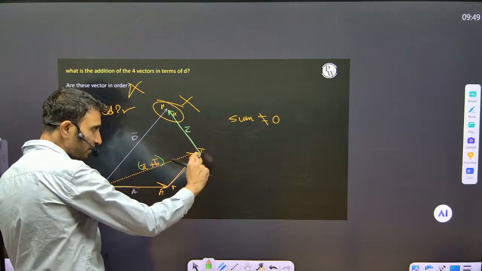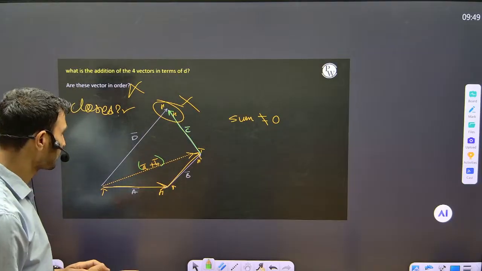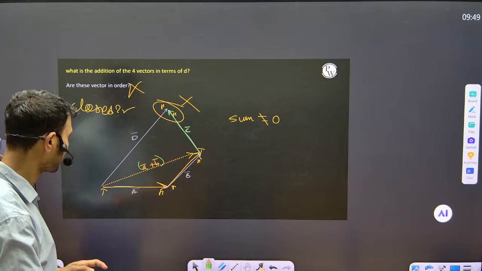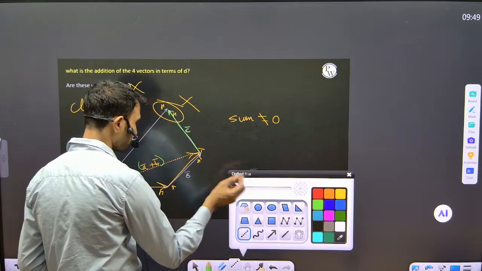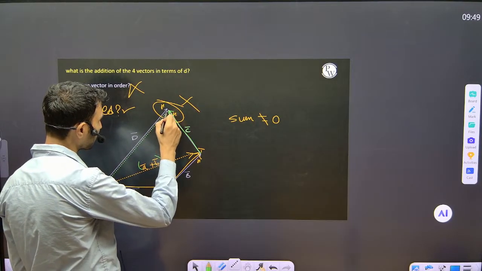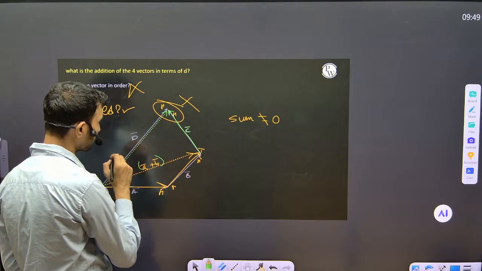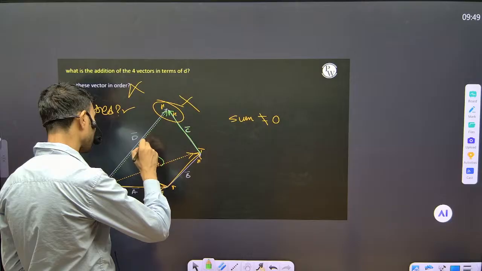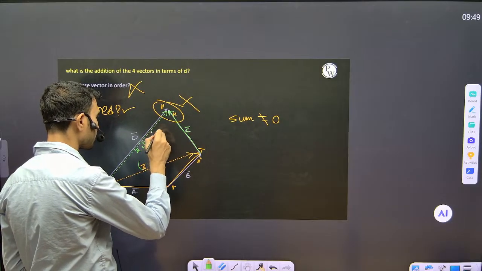A vector plus B vector is this dotted vector, plus C vector will be what, guys? By the triangle law of vector addition, it will be joining the remaining tail to the remaining head, like this. So this is nothing but your A vector plus B vector plus the last one, which is C vector.